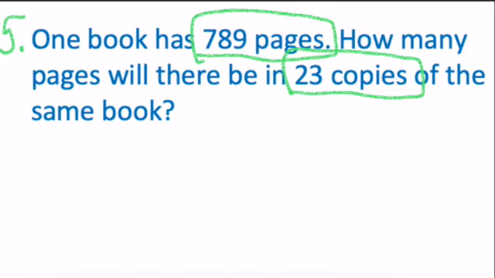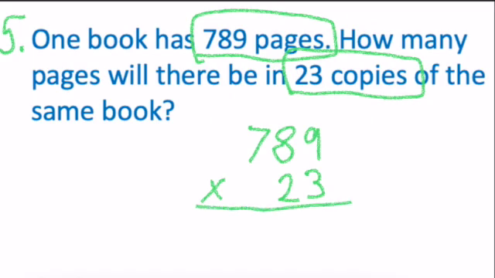Okay, welcome back. So this is another example where you have the same number several times. So the same number is 789 and you have it 23 times. So it's a multiplication. So 9 times 3 is 27.